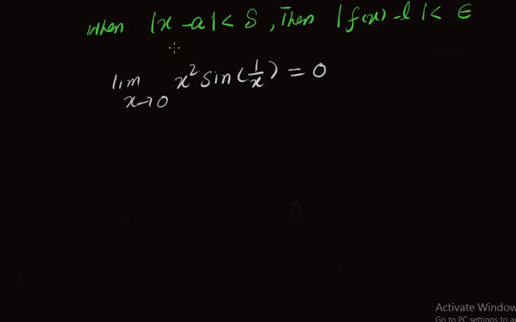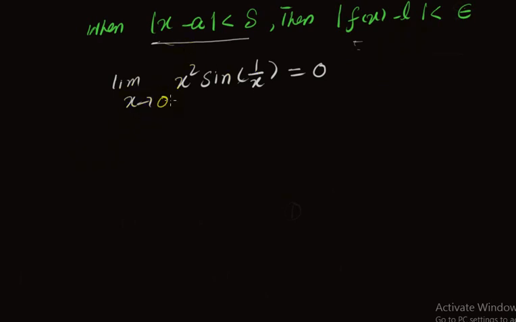Whenever you are dealing with questions of delta epsilon definition, first start with this relation, mod of x minus a less than delta, then try to establish a relation between delta and epsilon by using the mod value of f of x minus L.